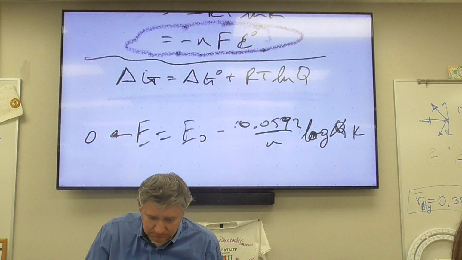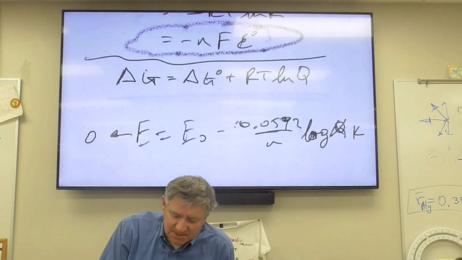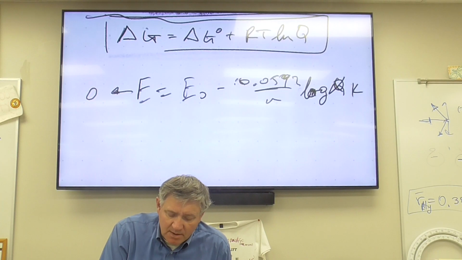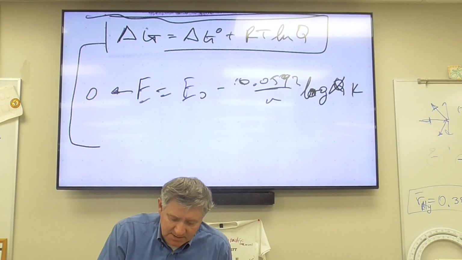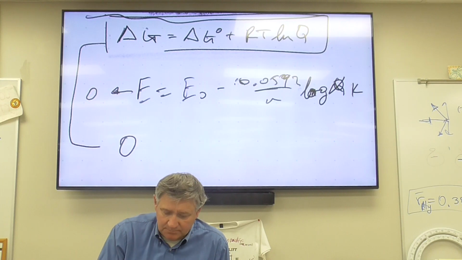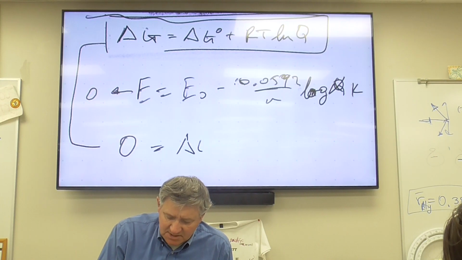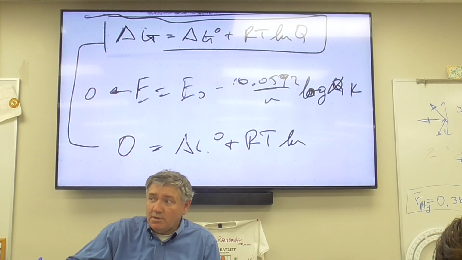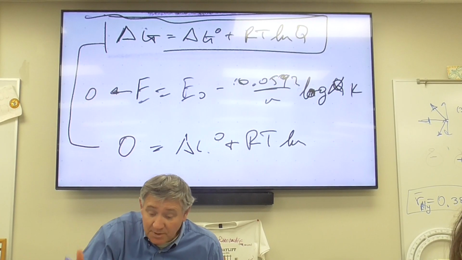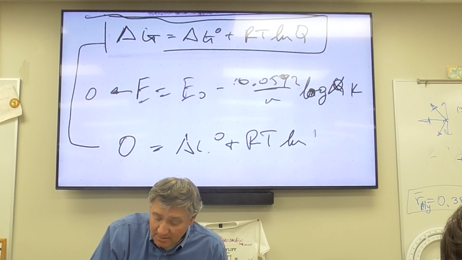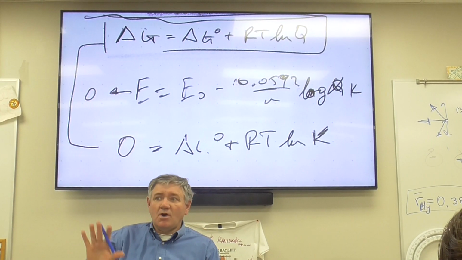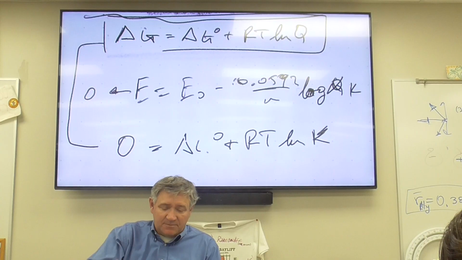So what I'm going to do is I'm going to take this equation. I want to do the same process. So at equilibrium, delta G is going to equal 0. So I got delta G naught plus RT times the natural log. Now, instead of Q, because I'm going to be talking about equilibrium, I'm going to have the K value, okay? So all I'm doing is just showing you where this comes from.